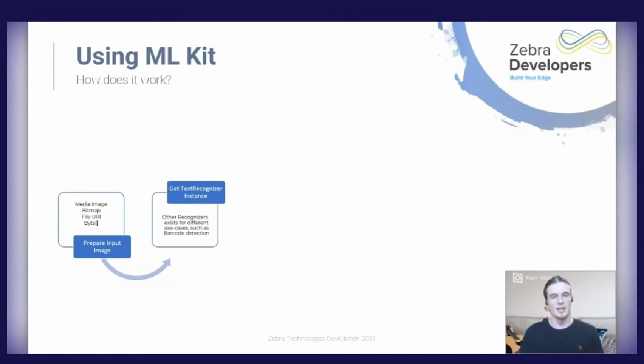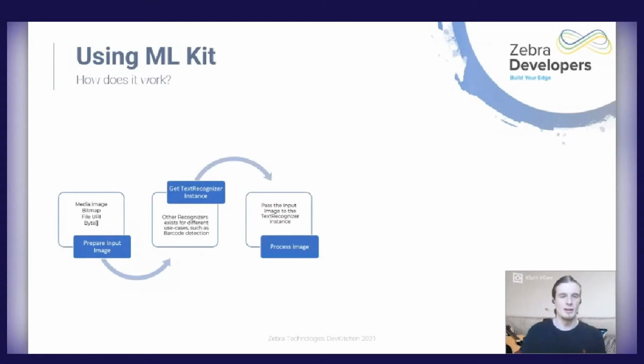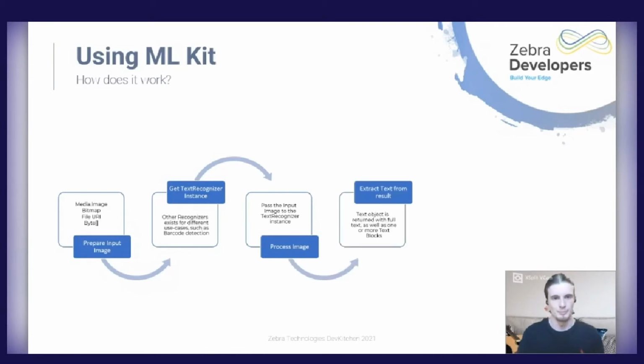But for this use case, we're going to be detecting text, so we'll initialize the text recognizer instance. Once we've initialized that, we just need to pass the input image that we created in step 1 through to the text recognizer instance and call an API called process to process that image.